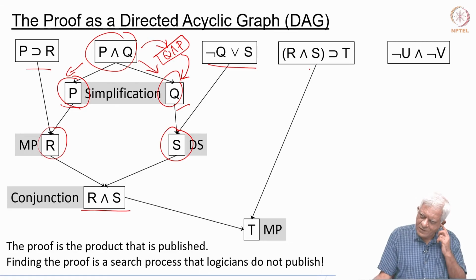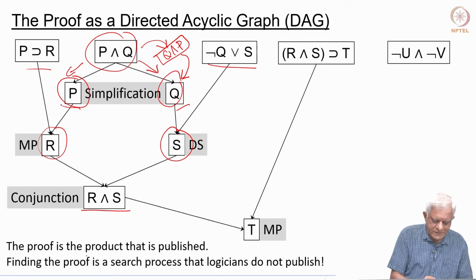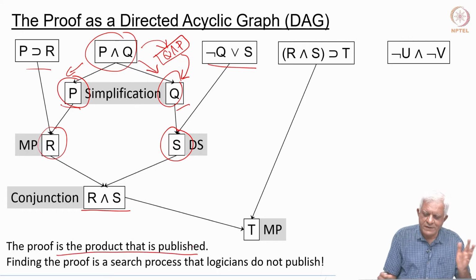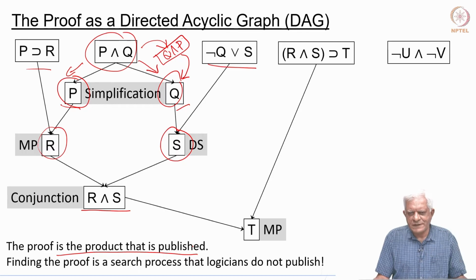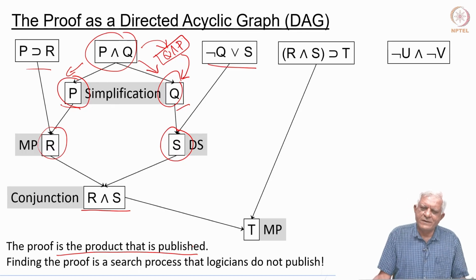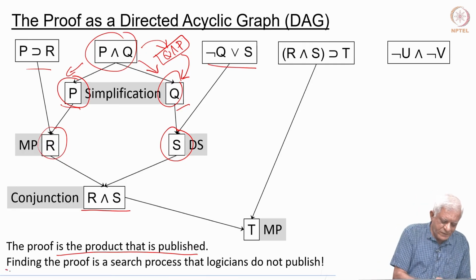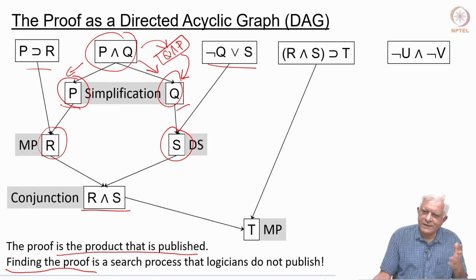Now, the interesting thing about maths, or logic if you want to say, is that the proof is the product that is published. If you read the proof of, let us say, the Pythagoras theorem, then you are just looking at the final product: these are the things given to you, and therefore, this is true, and therefore, this is true, and so on. Finding the proof is another matter.